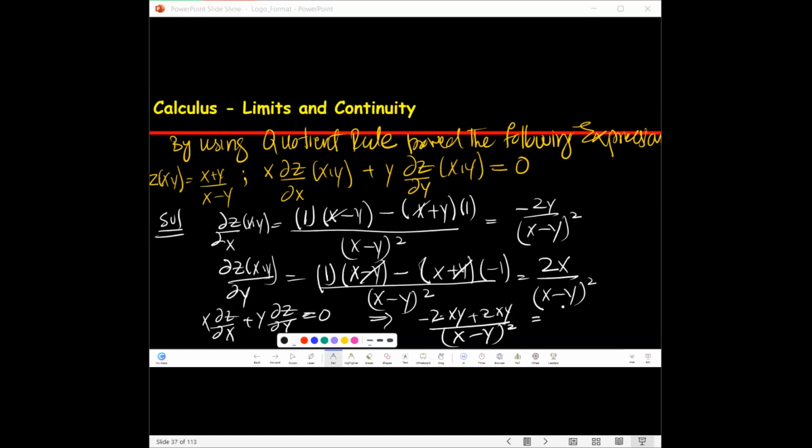So whatever is written here, x minus y squared does not matter. Everything should be equal to 0. And we proved that our expression is valid by using the quotient rule.